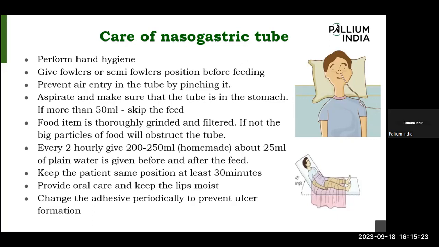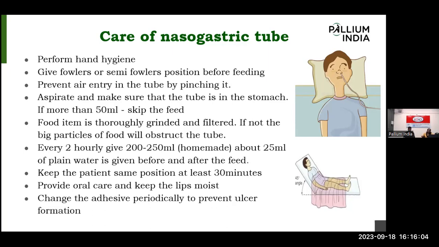Improper tube position, then feeding in supine position, okay, regurgitation, micro aspiration. So yes, regurgitation.